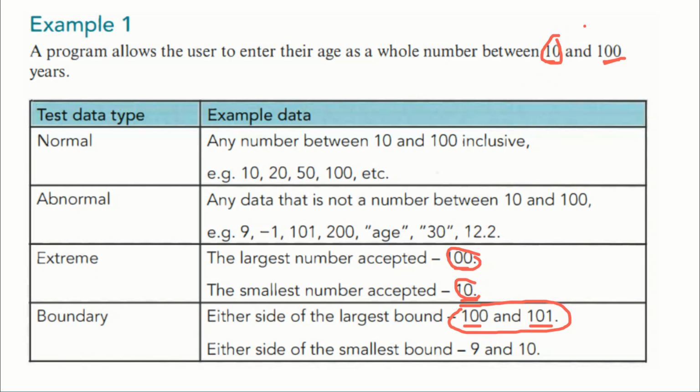If you are picking the lower bound, then it's going to be 9 or 10. So can you take note? One of them has to be accepted, one of them has to be rejected. The one that is accepted must be at the edge of what is accepted, and one has to be rejected.